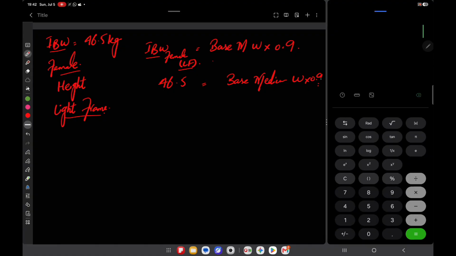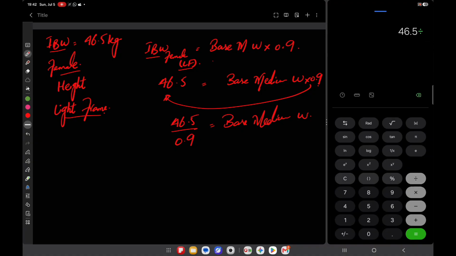We will shift this 0.9 to the other side, so it will be 46.5 divided by 0.9 is equal to base medium weight. So 46.5 divided by 0.9 will be 51.67. So base medium weight is equal to 51.67 kg.